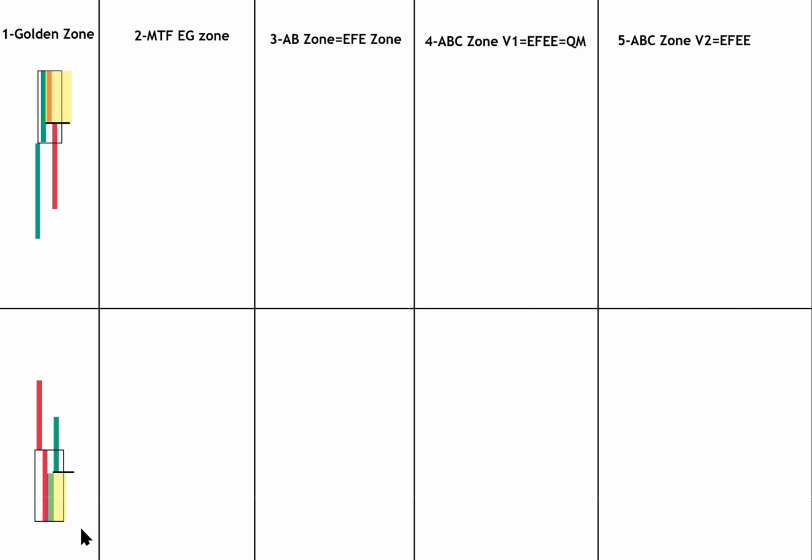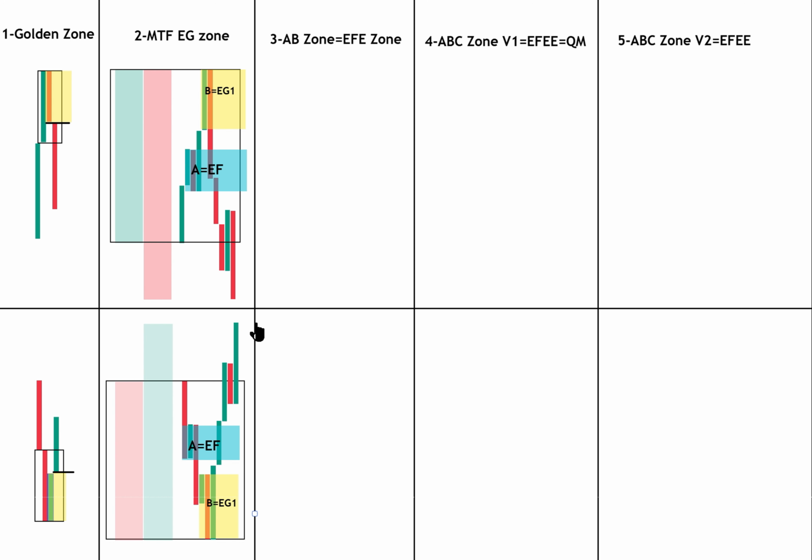swing low. So now we're going to move to multi-time frame EG. Multi-time frame EG is like this one. In the golden zone, we were just looking at how it formed in the time frame that we are in. But in the multi-time frame EG zone, first, number one, we need to have a higher time frame EG.